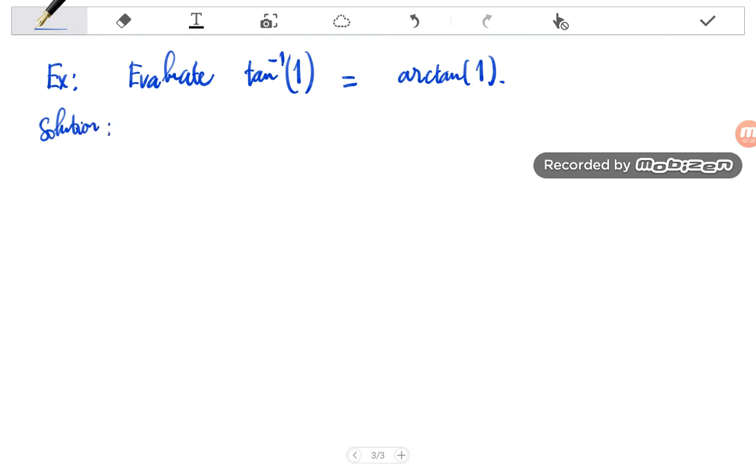Solution. Let y be the value of the inverse of tan at 1, or arctan 1.